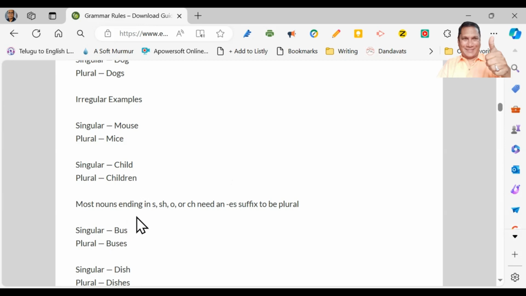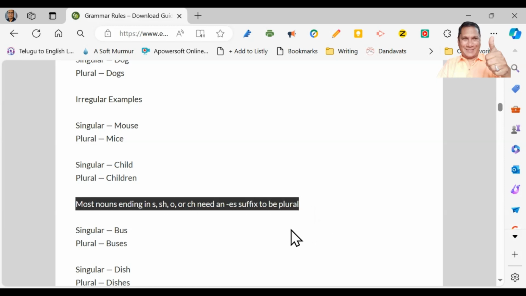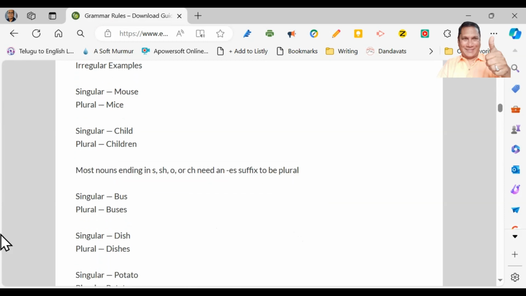Most nouns ending in s, sh, o, or ch need an es suffix to be plural. So here is a rule. It's better to remember this, write it down somewhere. If the noun ends with s, to get plural you have to add es.